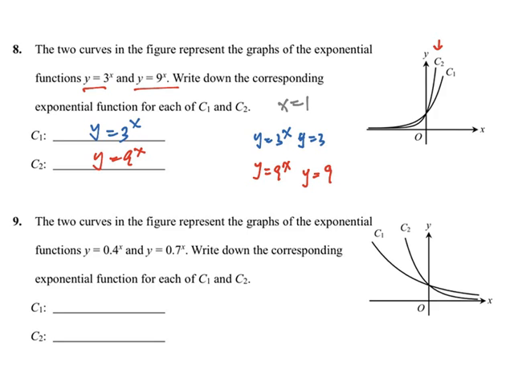So you can see when we put a line here at 1, 9 is here. And then blue is here, 3. So C2 is 9, C1 is 3. So like this.